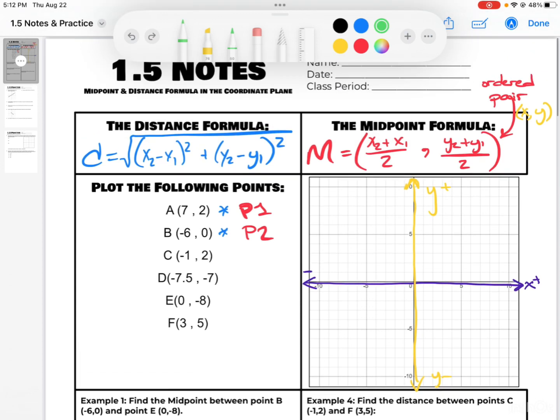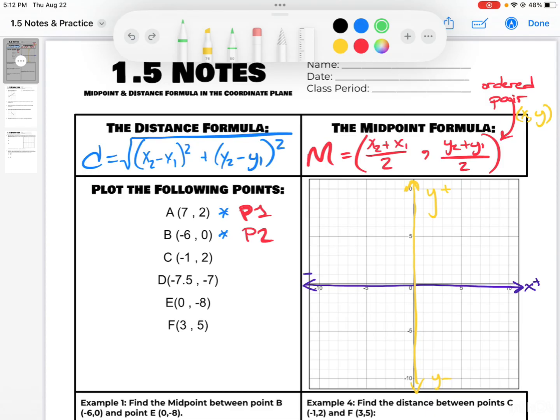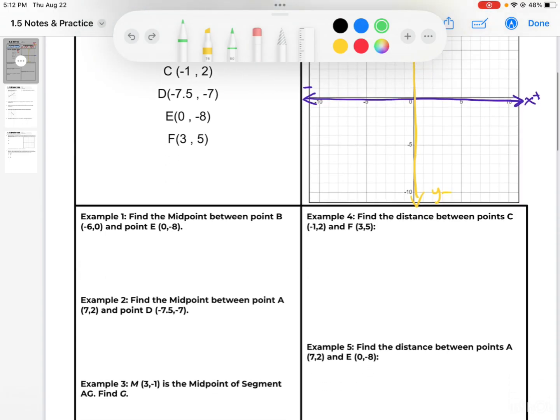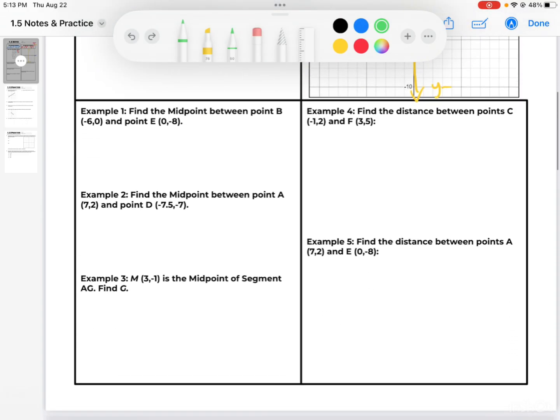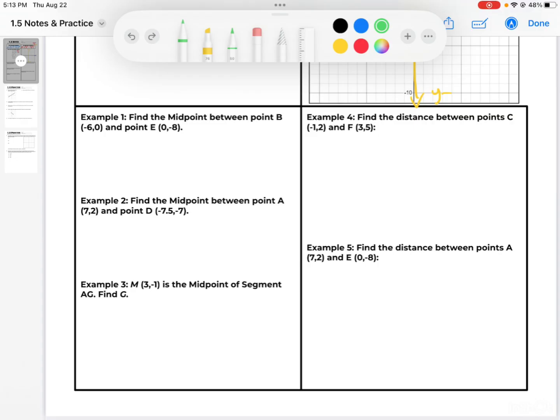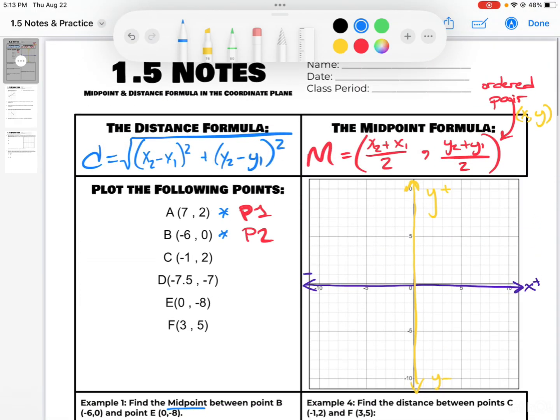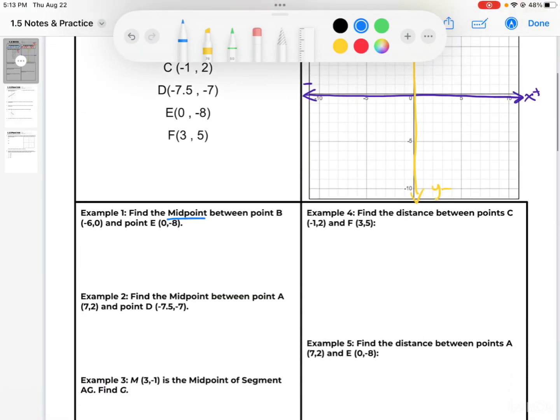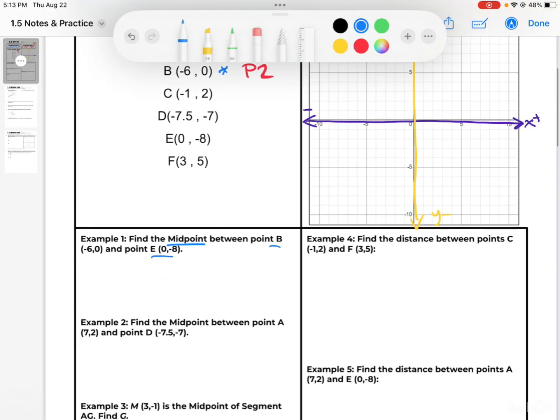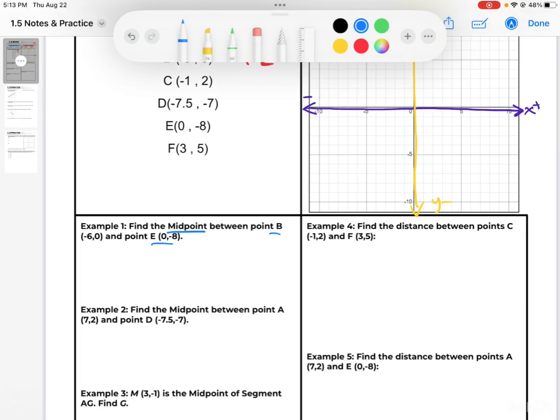Moving on now, I'm going to work a couple of examples with you using both of these formulas. The first one I'll work is number 1. It says to find the midpoint, so you immediately know we're going to be using our midpoint formula. It says between point B and E from these points above.